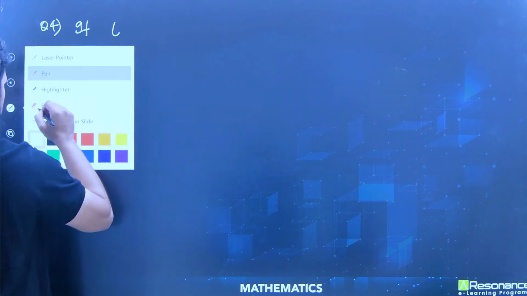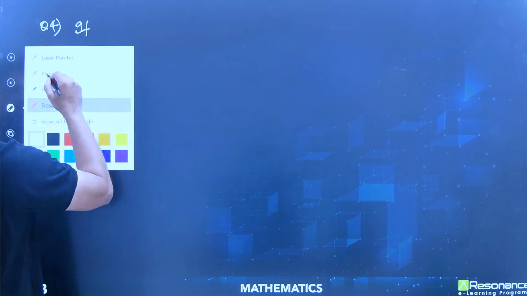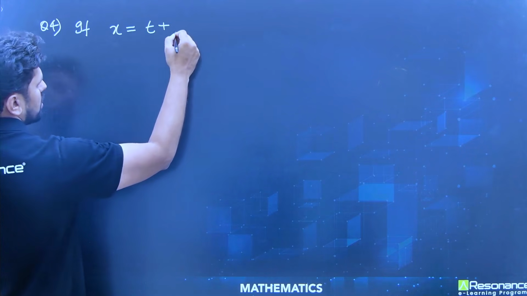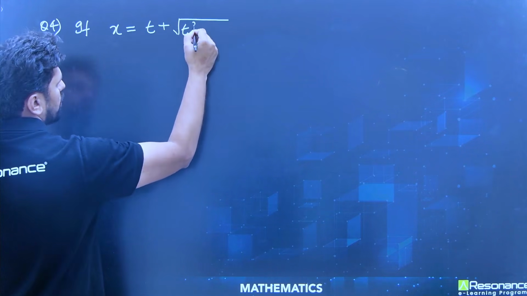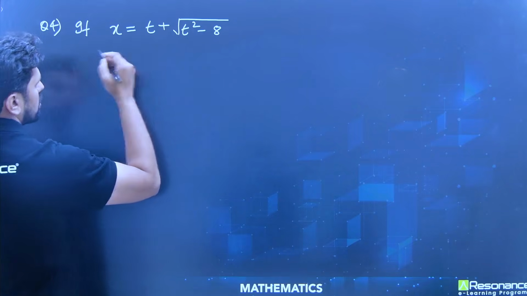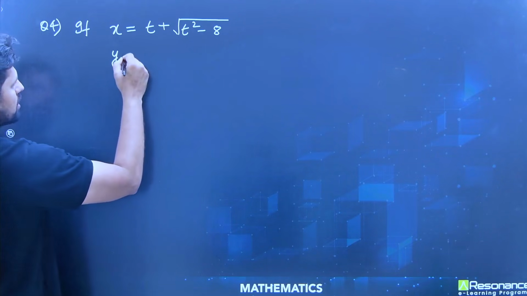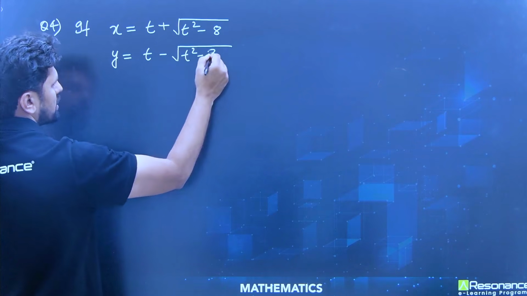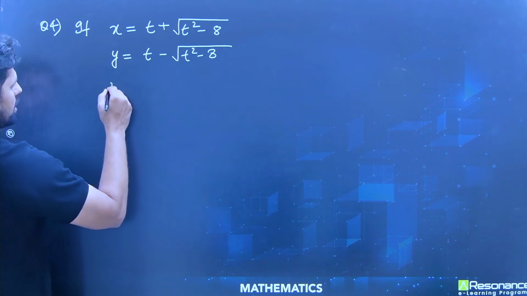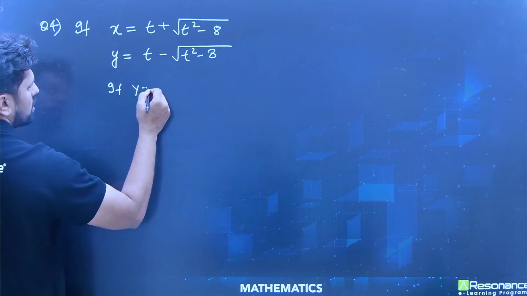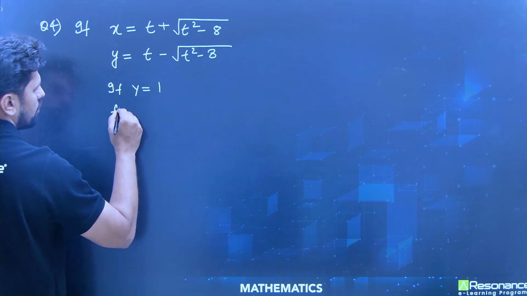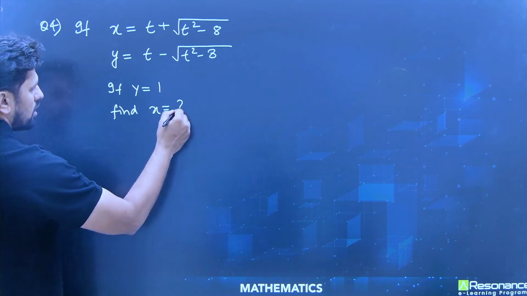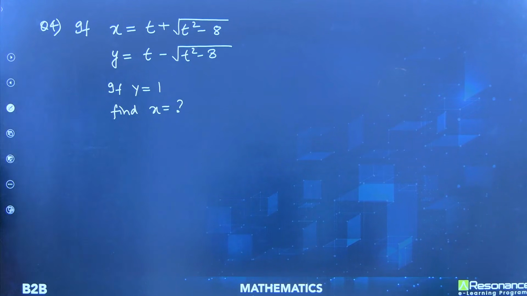Let's say if x equal to t plus under root t square minus 8, and y is equal to t minus under root of t square minus 8. If y is equal to 1, find x.